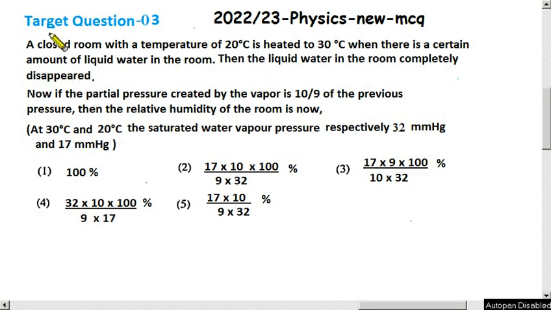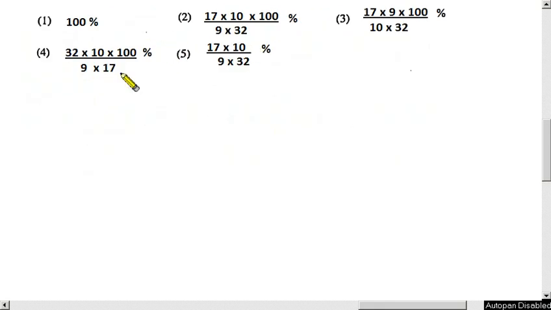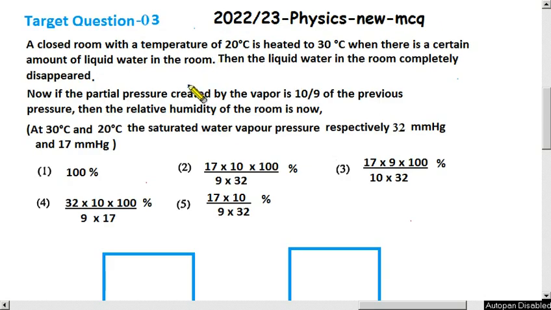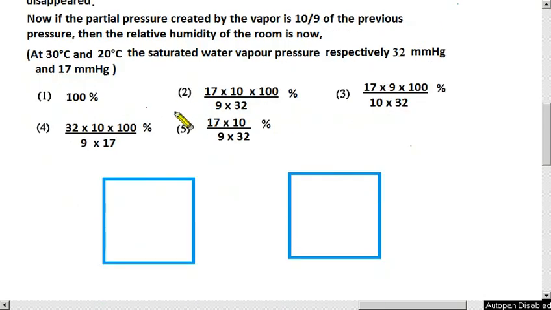Children, here is our next target question, number 3. Now try this on your own without looking at my answer. Pause the video. Since you have paused the video, now I am going to try this question. So the room is like this at the beginning, after that like this, and a closed room with a temperature 20 centigrade is heated to, so initially 20, finally 30.